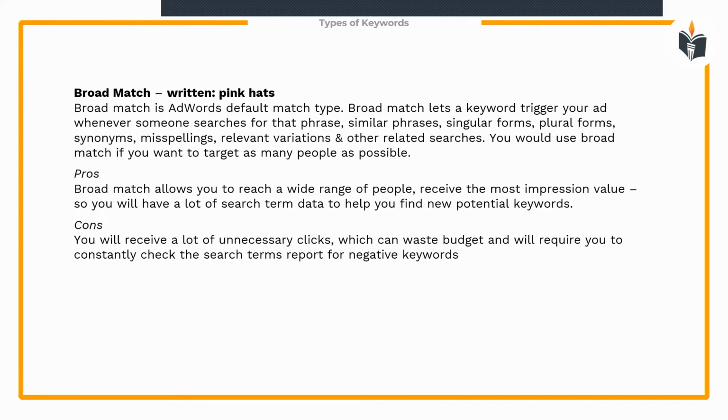But what are its pros and cons? Broad match allows you to reach a wide range of people and receive the most impressions. You will also have a lot of search term data to help you find new potential keywords. When someone searches for similar things, your advertisement will be shown to them, and if they click on it, they will come to your website.